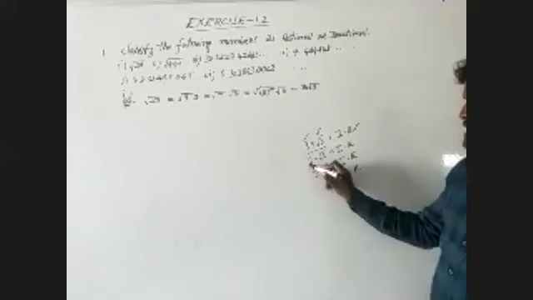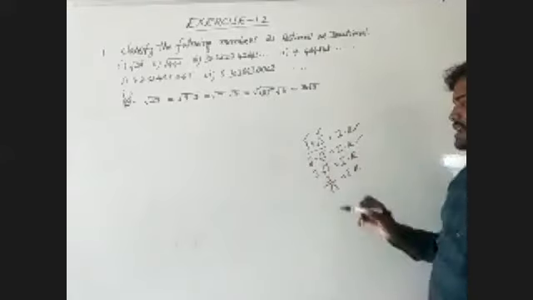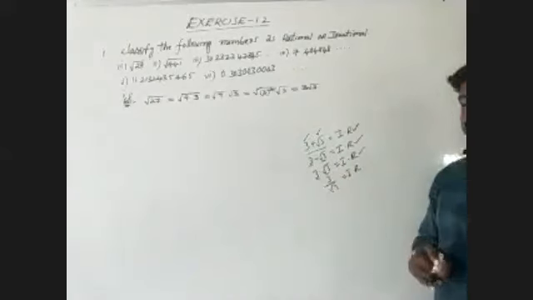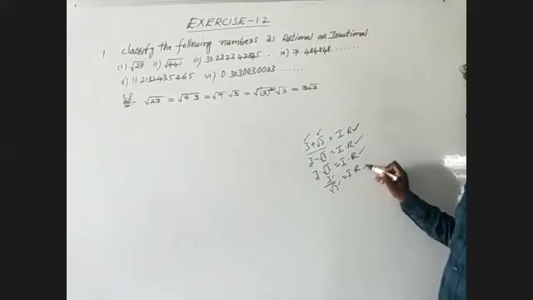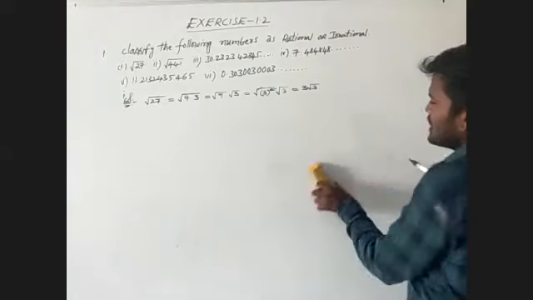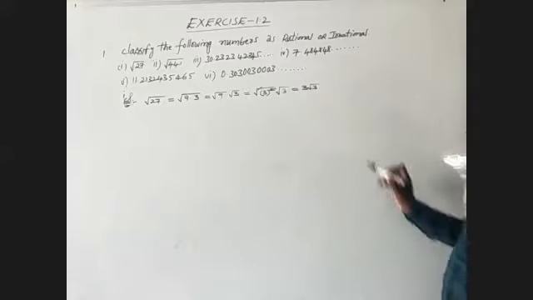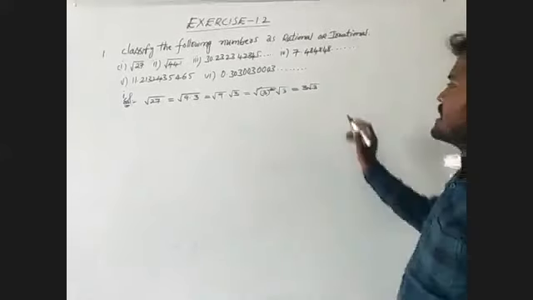The difference, the product and the division of a rational and an irrational number are also irrational. Here 3 is a rational number and root 3 is an irrational number, so the product of a rational and an irrational number is an irrational number.